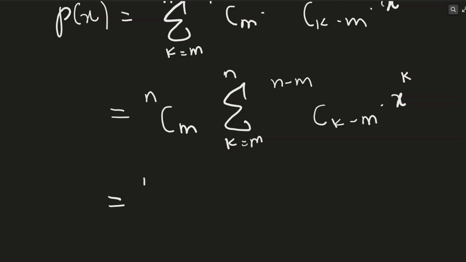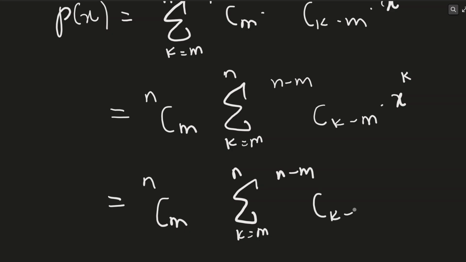How? Let's see it. n choose m times summation k runs from m to n of n minus m choose k minus m into x to the power k minus m. Now that we have written x to the power k minus m, we'll also have to multiply to balance it out. So we can write x to the power m over here. And this is the same thing as the previous one.